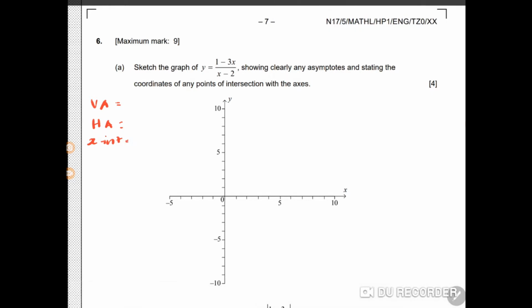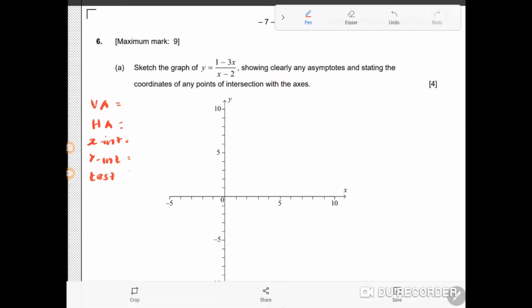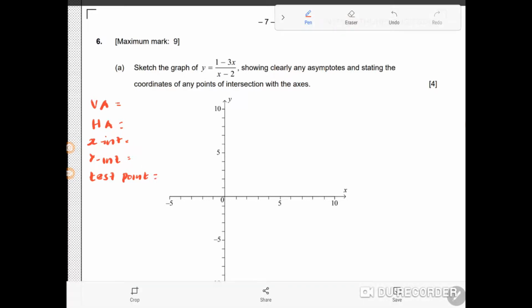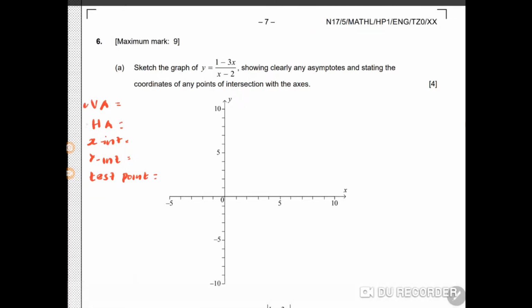After the x-intercept, you find the y-intercept, and the last, use test points. So you can use test points for drawing or sketching the graph. Those are the steps you can write down.